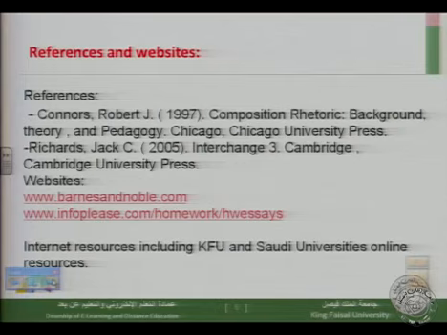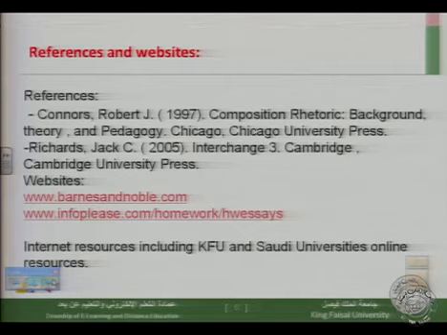course. We move now to the websites. Also, the internet may be helpful to the students in their revision and in their studies. The first website is www.barnesandnoble.com, and the second one is www.infoplease.com, homework HW essays.